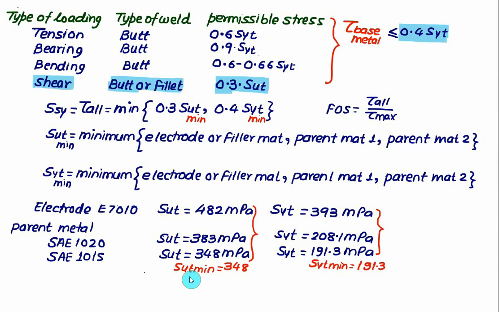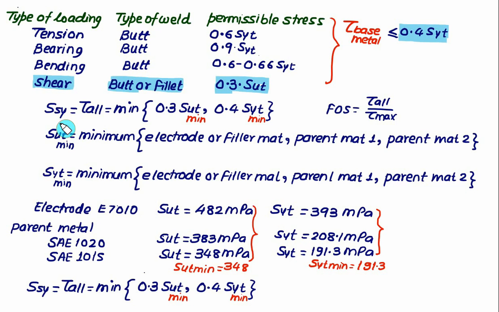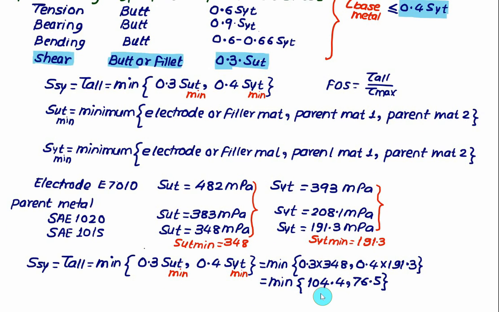Once you finalize the value of SUT minimum and SYT minimum, then you have to use this equation. Allowable shear stress will be the minimum value of 0.3 times SUT and 0.4 times SYT. So 0.3 multiplied by 348 is 104.4, and 0.4 multiplied by 191.3 is 76.5.